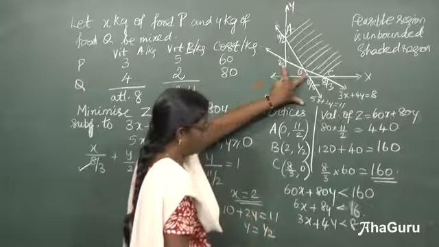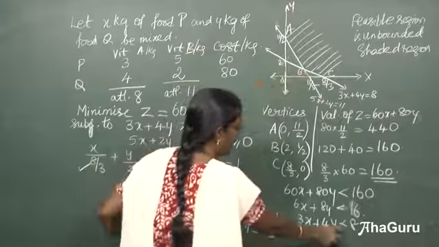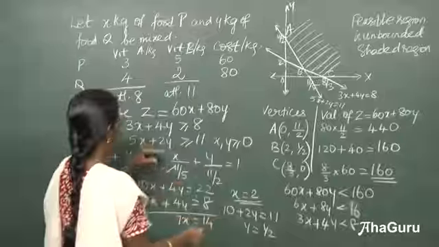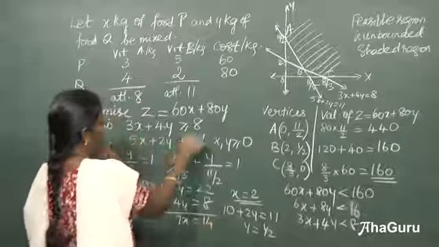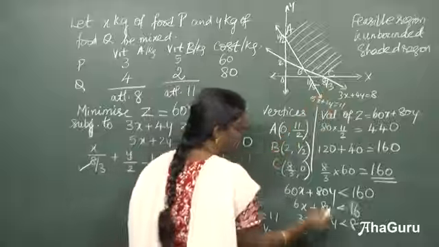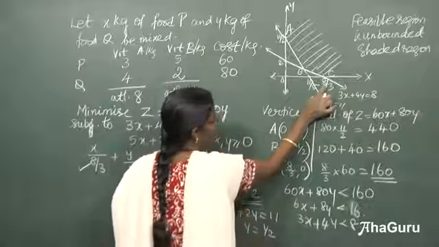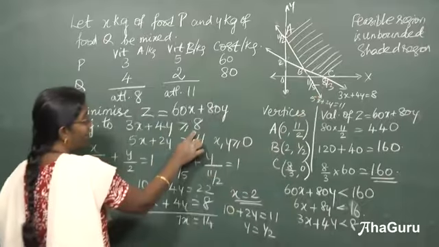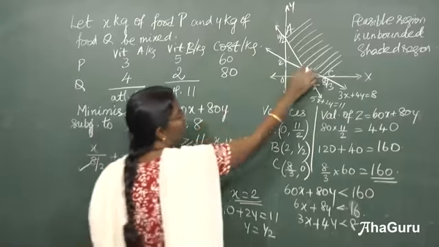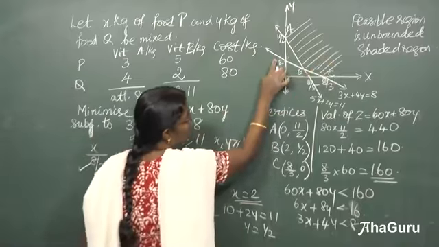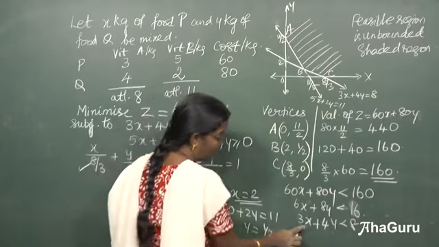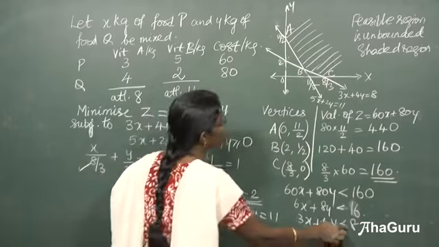This is the line, that is 3x plus 4y less than 8. I think we already have drawn this line. 3x plus 4y greater than 8 is the region that we got, but here the region we have to find is actually 3x plus 4y less than 8.